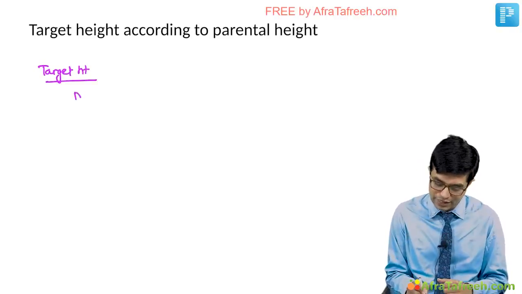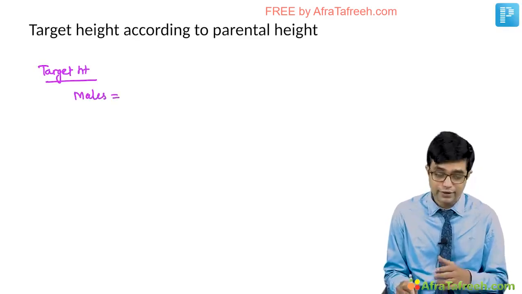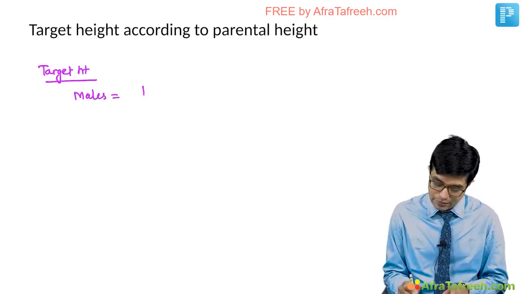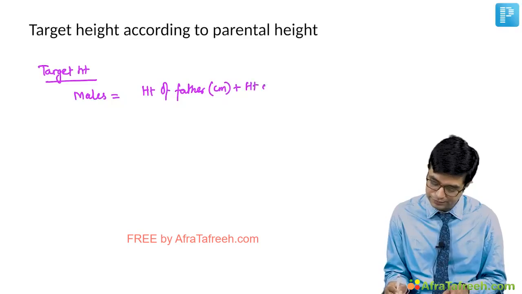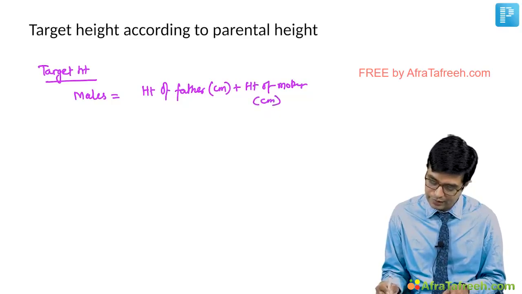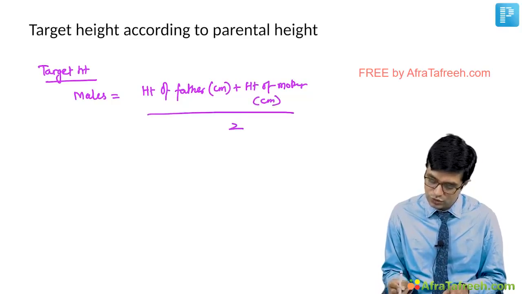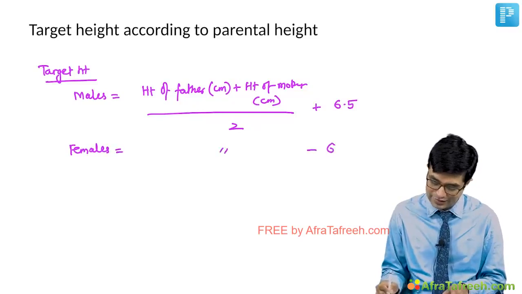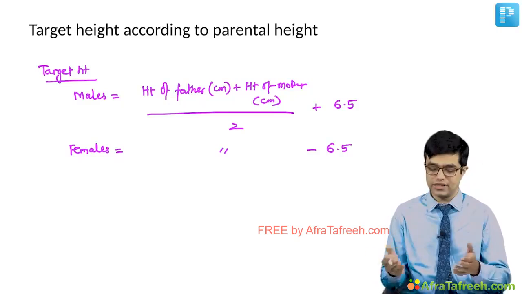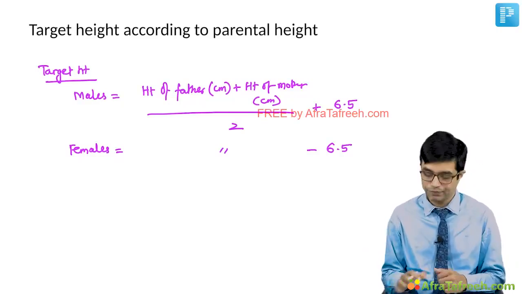Target height in case of males is calculated as height of the father in centimeters plus height of the mother in centimeters, divided by 2, plus 6.5. In case of females, it is the same, but you minus 6.5. This is the target height formula.